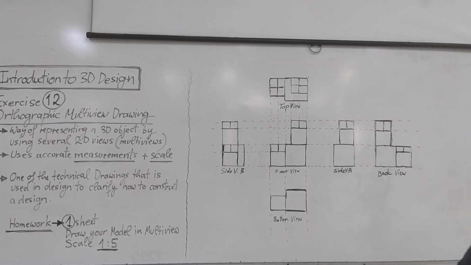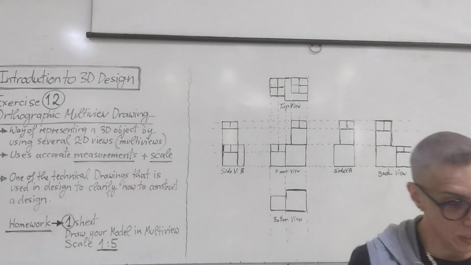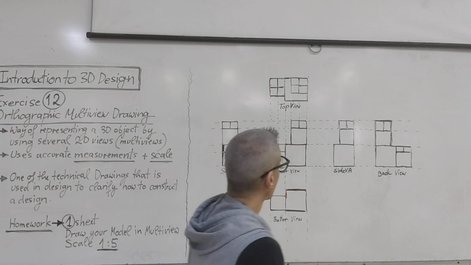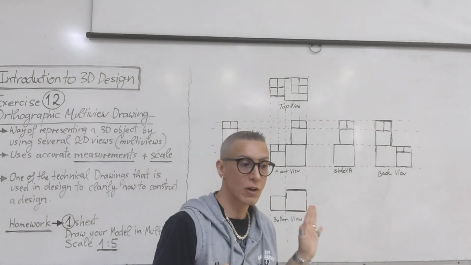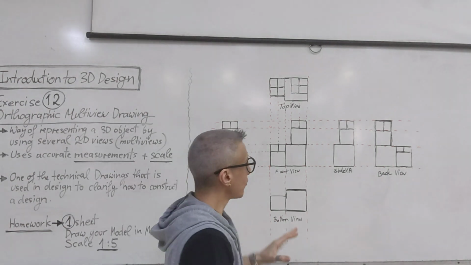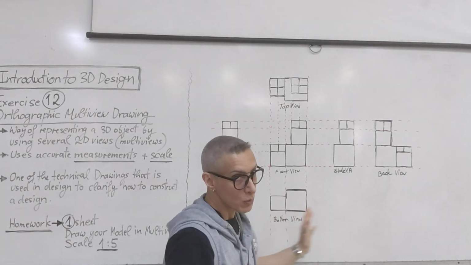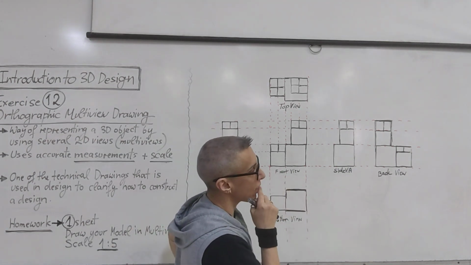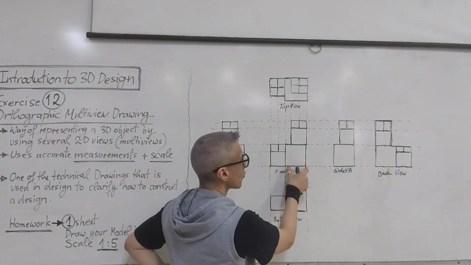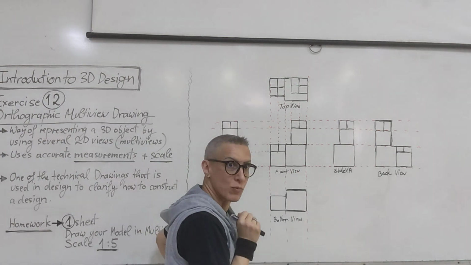Now, we completed the 6 views of the object. As I said, in the future, if this is an object you designed, you will draw the 6 views, and then you look at the scale. We have this scale 1 to 5, so this 3 centimeter in reality should be 15.